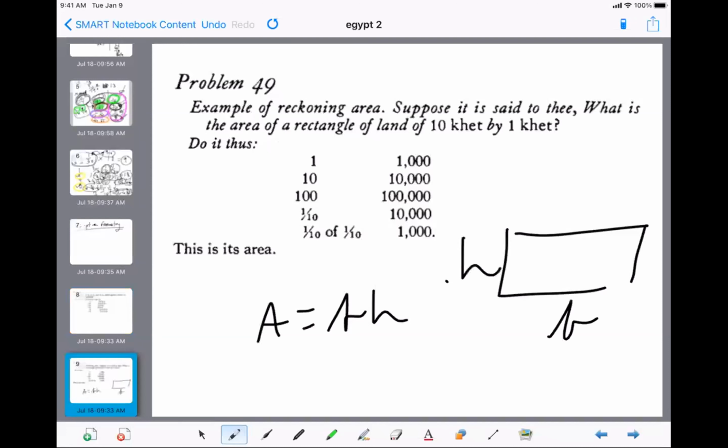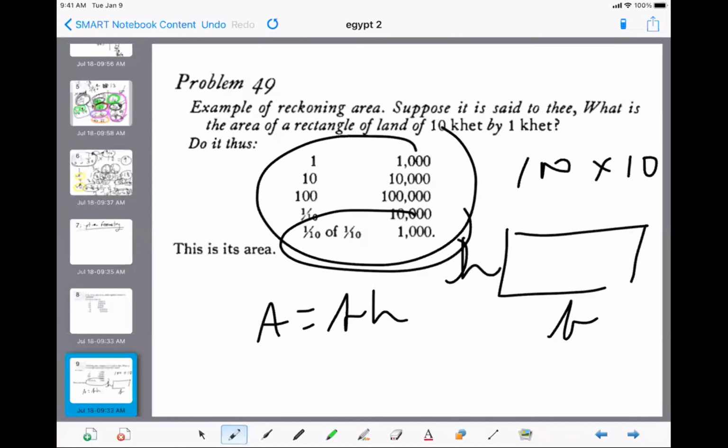And they did it in this case. They multiplied 100 times 10. I'm not quite sure what's going on here with the 1,000 and the 10,000 and the 100,000. Well, of course, I can see what they're doing here. They are doing some conversion of measurements, but we are not going to have to memorize their units of measurement.